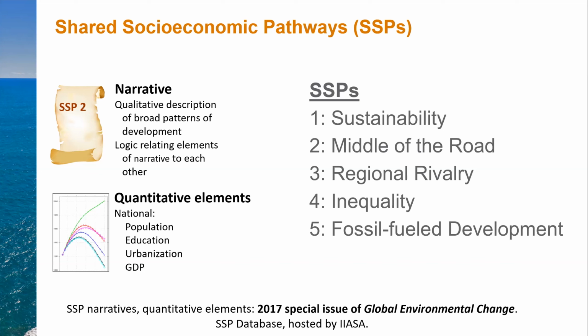And there's 5 of these SSPs, so 5 sets of quantitative elements, 5 narratives. For the sake of time, we won't go into details on exactly what the stories are in each of the 5, but hopefully these titles on the right give you some sense of their content.